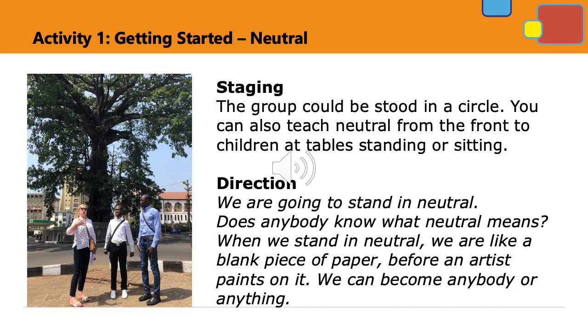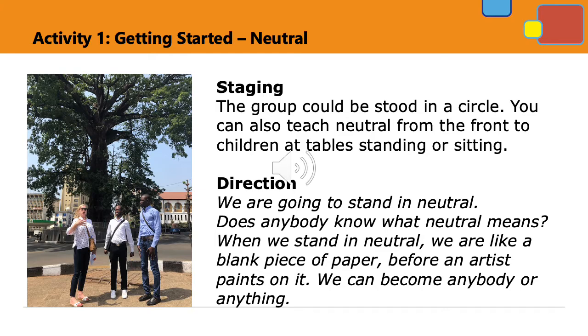Activity 1. Getting started. Neutral. The first part of our toolkit. So the staging. Your pupils in the group could be stood in a circle if you've got a large space or you're working outside. You could also just teach neutral from the front of the class to children at their tables or desks.